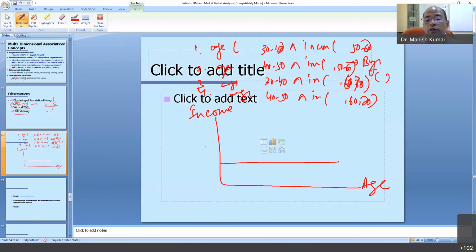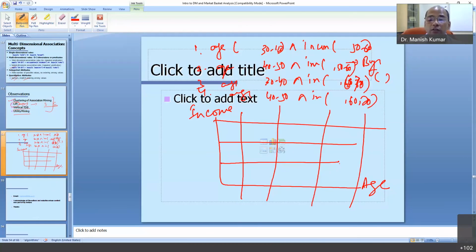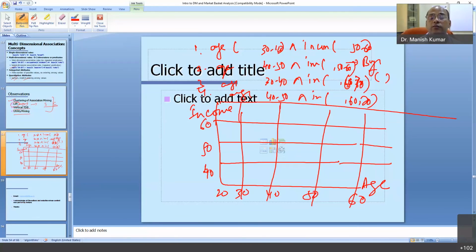Now, if you go for some sort of grid creation, suppose you have age on one axis, 20, 30, 40, 50, 60, and income on the other, 40, 50, 60, maybe 70. The first is age 30 to 40 and income 50 to 60.